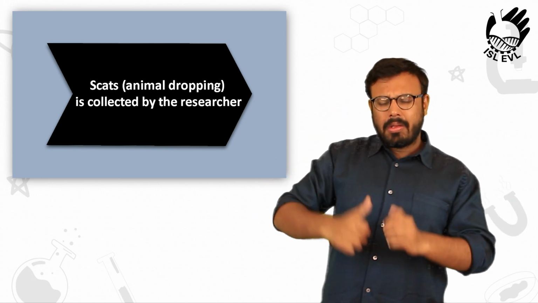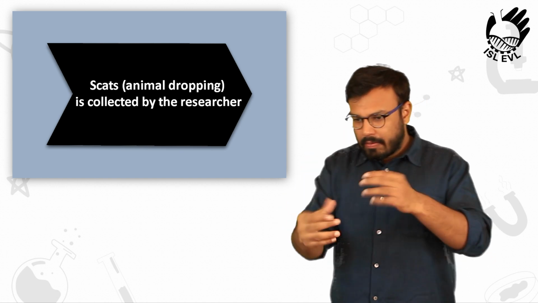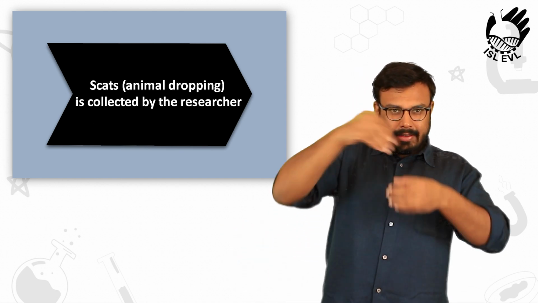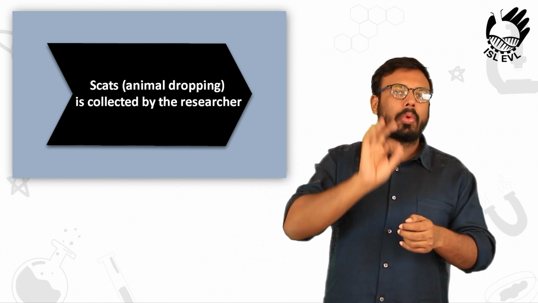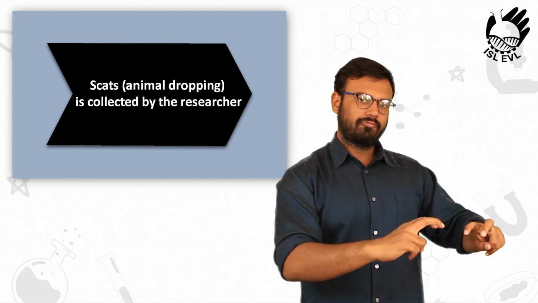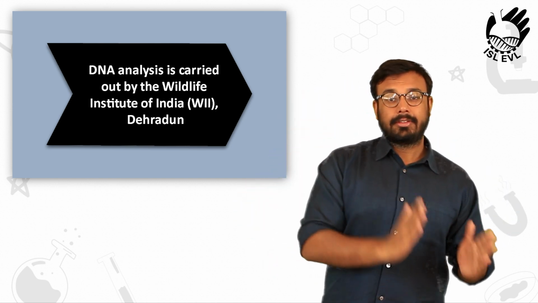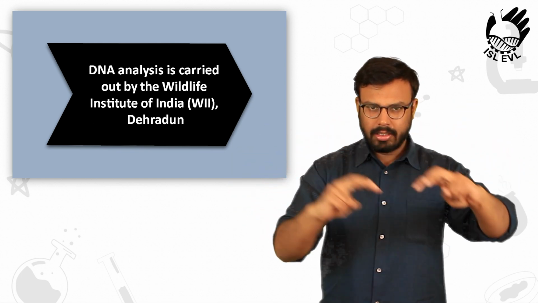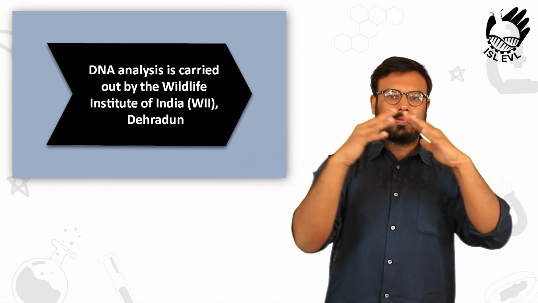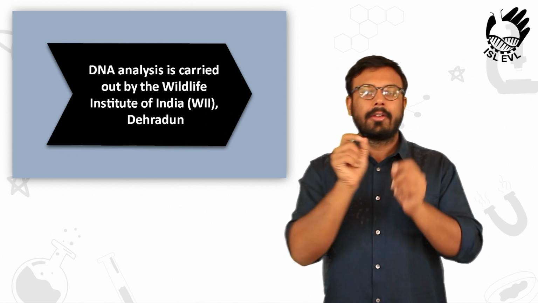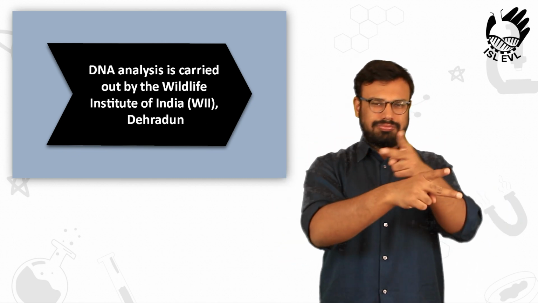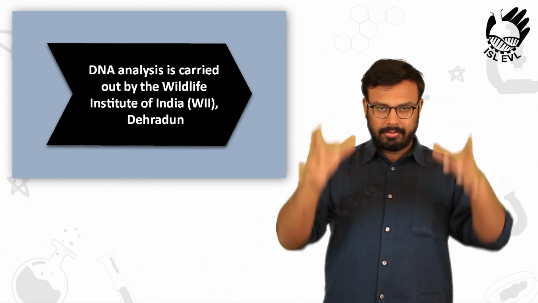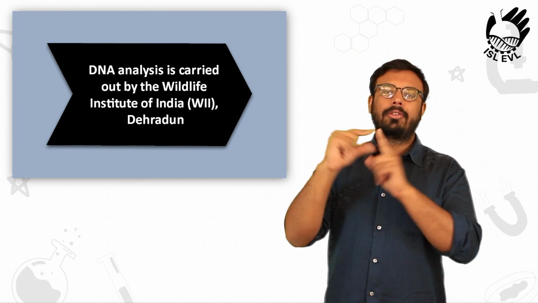First, scats, that means animal dropping of the snow leopard, is collected by the researcher. Next, the animal droppings are used for DNA analysis, which is carried out by the WII or the Wildlife Institute of India in Dehradun.